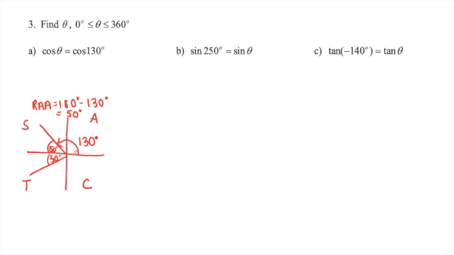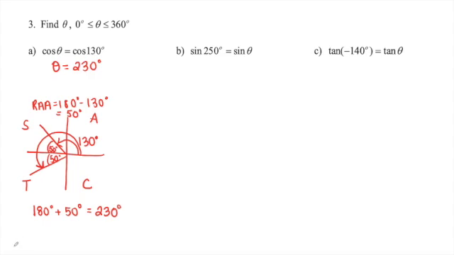And then you're going to find your principal angle that goes from the first quadrant all the way to that other terminal arm. So you're going to do 180 degrees plus that related acute angle of 50 degrees to be 230 degrees. So you know for this example that theta is equal to 230 degrees.